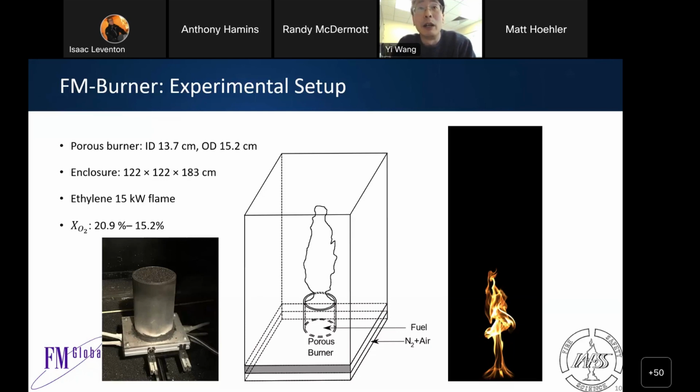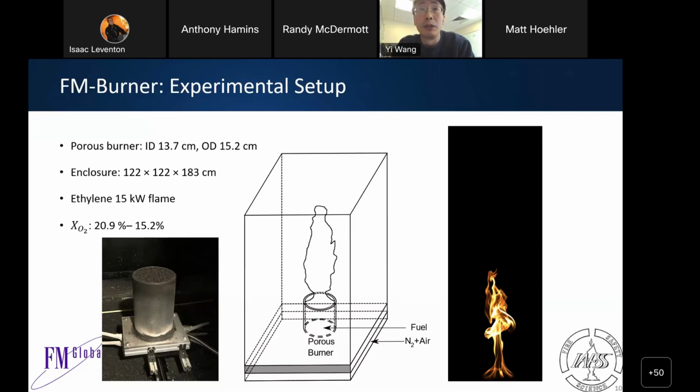We varied the oxygen concentration from normal air condition all the way to about 10 or 11% by volume to induce extinction for different fuels. But here we only specify up to 15.2, where we actually measure the detailed flow field. I'll state the reason why we only go up to 15.2 a little bit later.